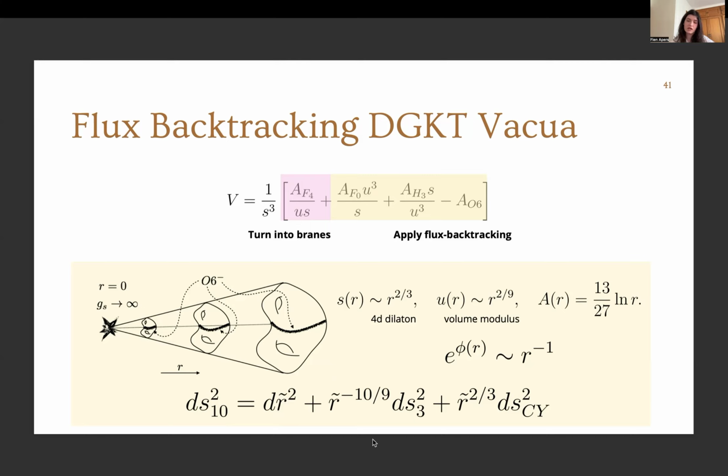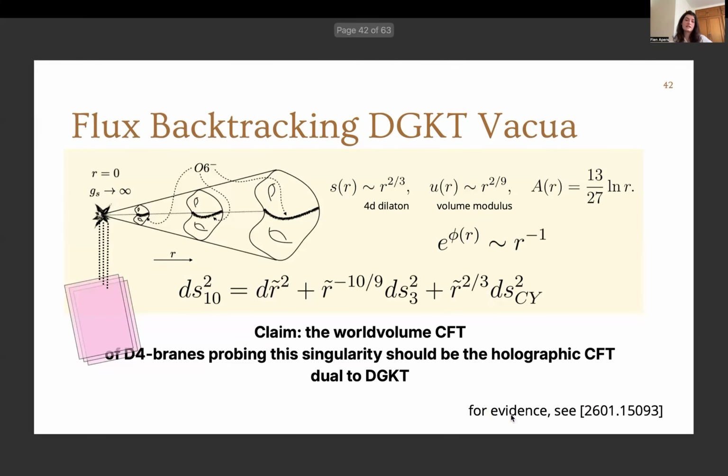There are the coordinates which are along the branes, and then the extra dimensions. So the claim is that this is the singularity. Once we probe it with the D4-branes, then we can find the DGKT CFT dual, if it exists, on these D-branes. So that's the claim.